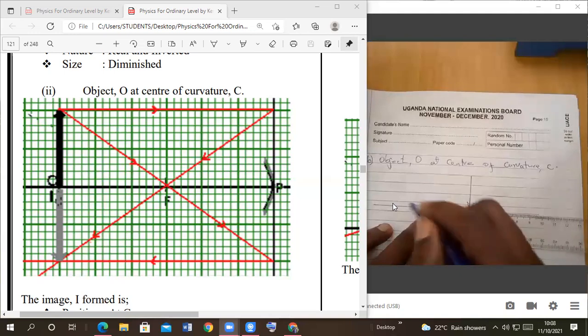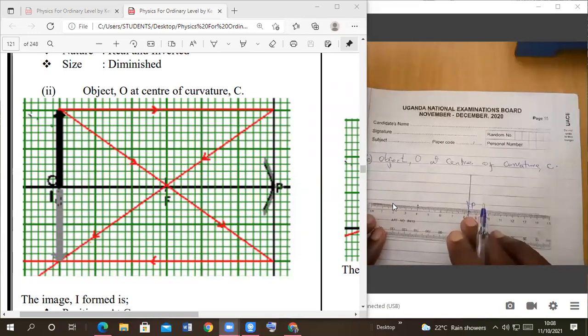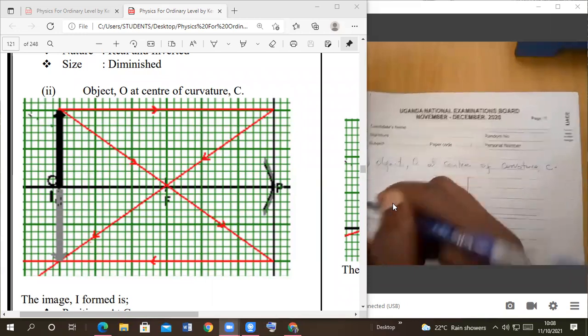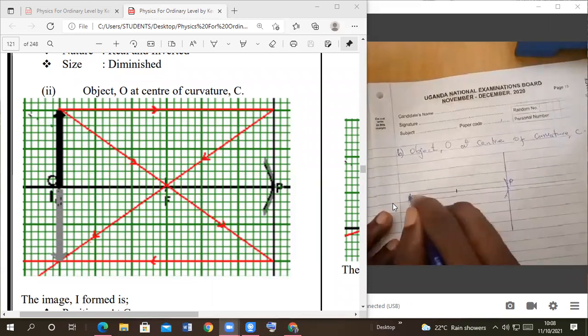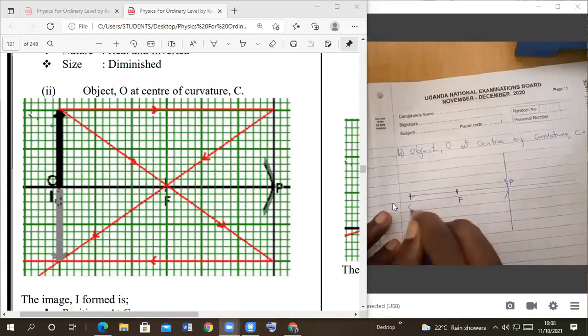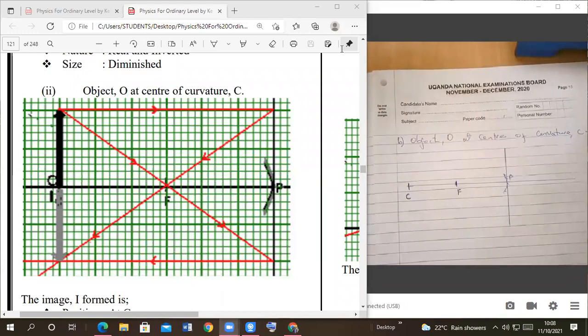This time I'm using 4. So this is my F, then this is my C.